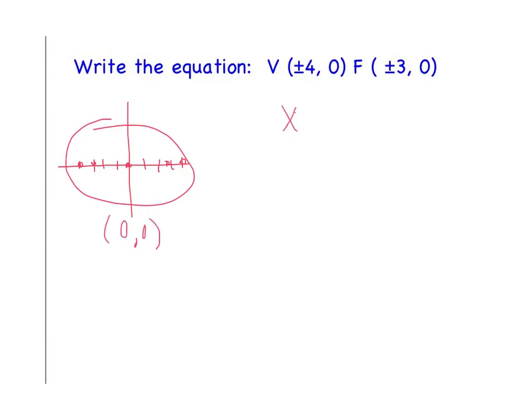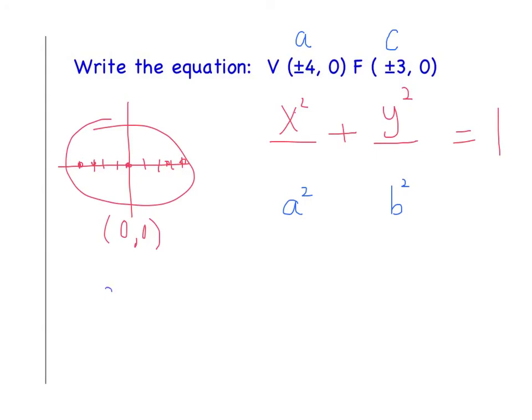So far I know that it's x squared over something plus y squared over something equal to 1. Further, I know that the major axis is x. So this is going to be a squared, and this is going to be b squared. Okay, so far I know A, the vertices, and I know C. I don't know B, but I need it.